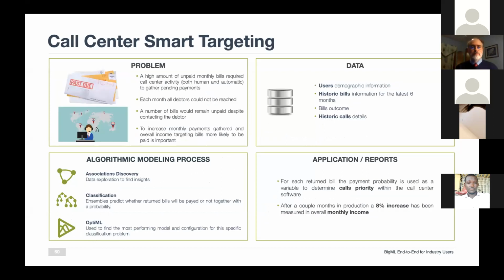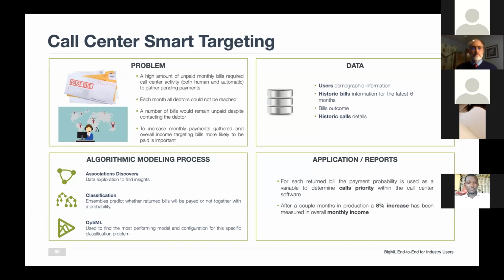Okay. Another use case, also very successful, is about a call center. In this case, it was a call center devoted to charging returned bills from a telecommunications company. Every month there would be some returned bills that would go back to the telecommunications company, and this call center would call all the customers so they would pay their returned bills.